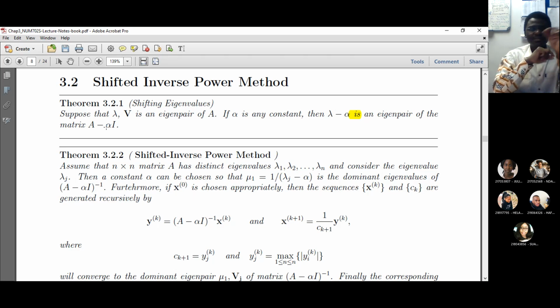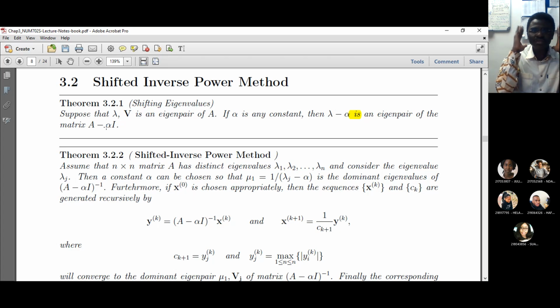And in order to shift, we need to find the appropriate constant, because when you shift, you multiply by a certain constant. You need to find the appropriate alpha that will allow you to shift. It's like a translation, and we know that if you translate, you need a constant that will give you the translation move or the steps for your translation.